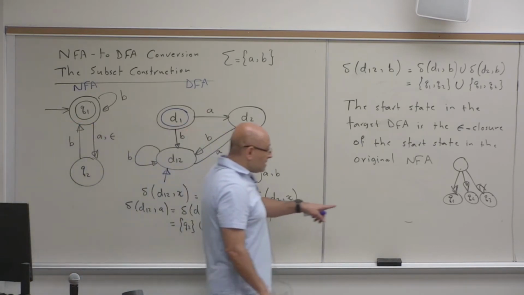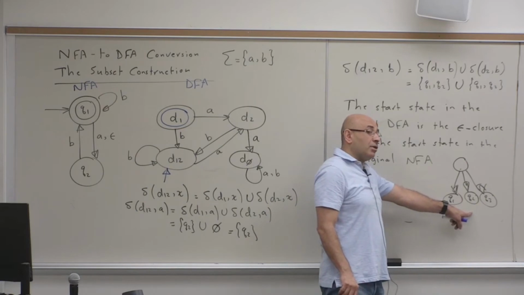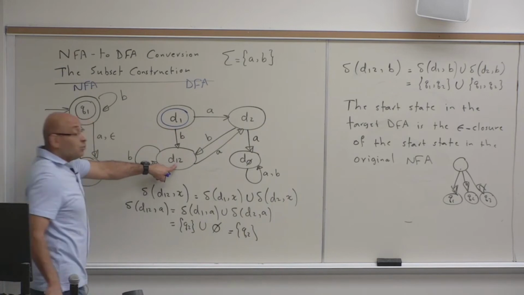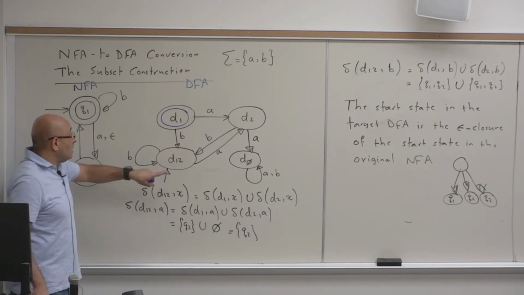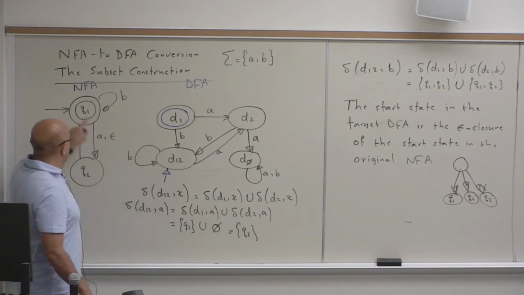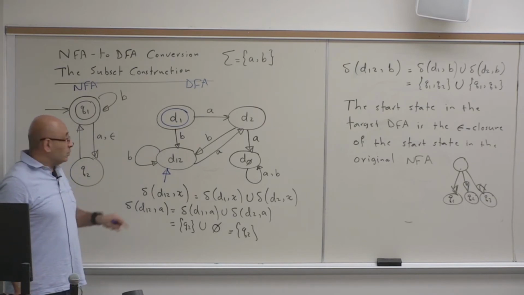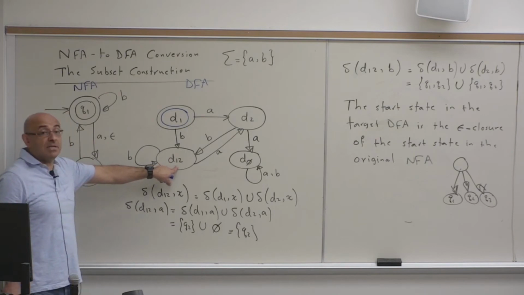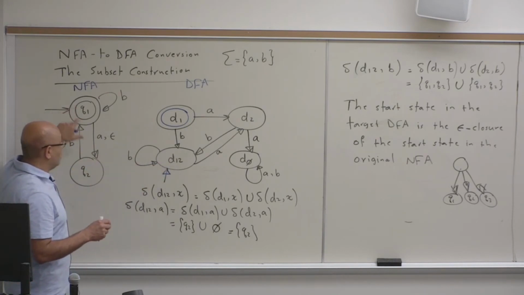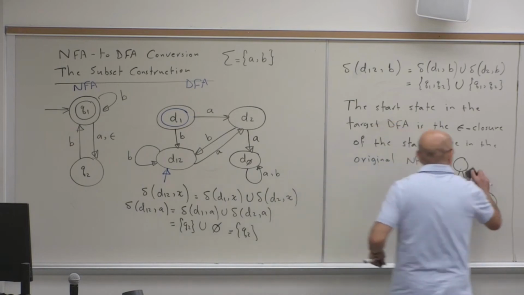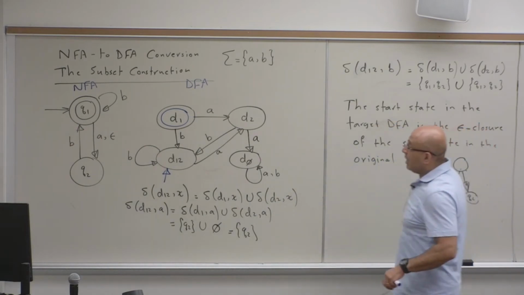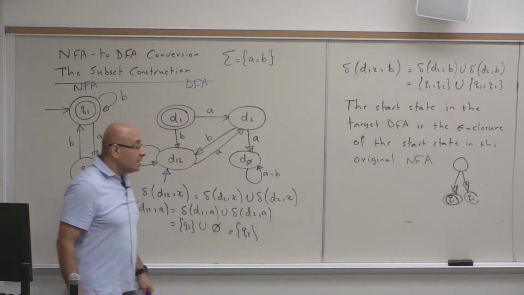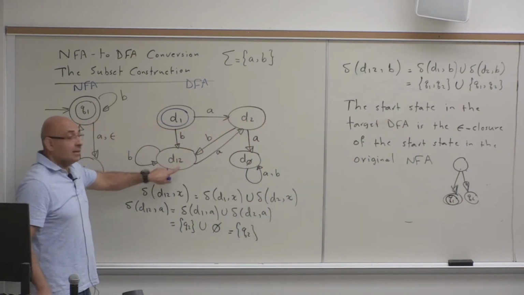If it has at least one accept state in it, in the original NFA. So being in D12 here means that we are in Q1 or Q2. So this is an OR of Q1 and Q2. You are in Q1 or Q2, and Q1 is an accept state. So this is an accept state.